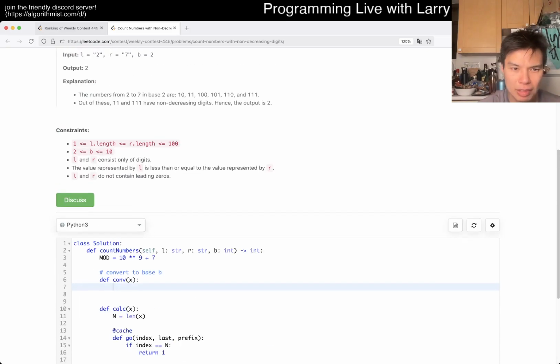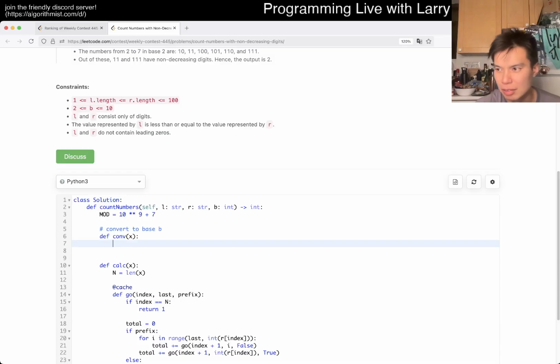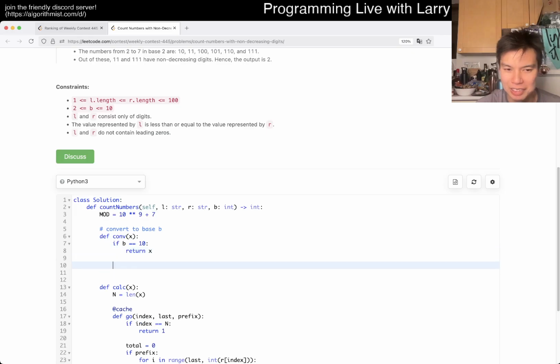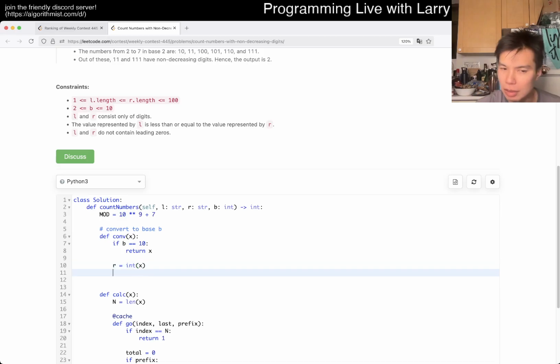That's 100 digits. I think we're fine with 100 digits. So we'll just be lazy. If b is equal to 10, then we just return x. Otherwise, in Python we're okay with this, which is only 100 digits anyway. And then we want to just do shift, or not shift, but opposite.